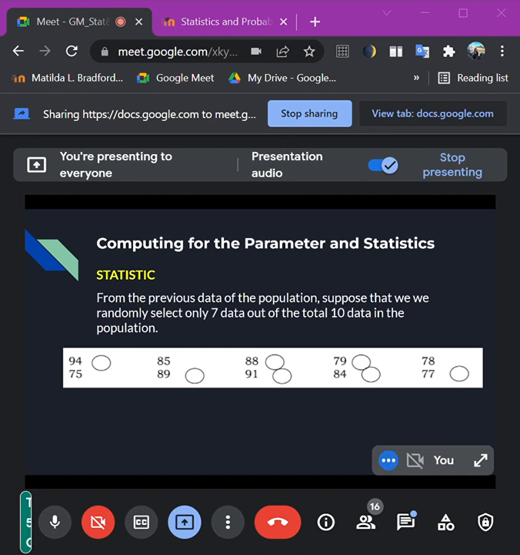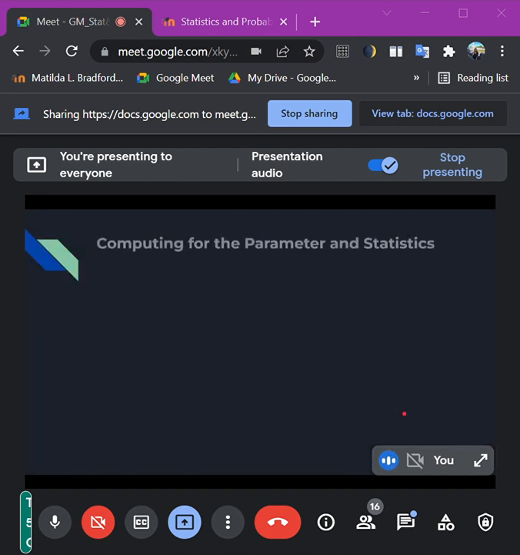Right? Statistic is a sample. And from the start of our discussion, we get our sample from our population. Our sample earlier was grade 11 students. So we took 7 data out of the 10 in the population. The 7 are the circled ones you see now: 94, 89, 88, 91, 79, and so on.